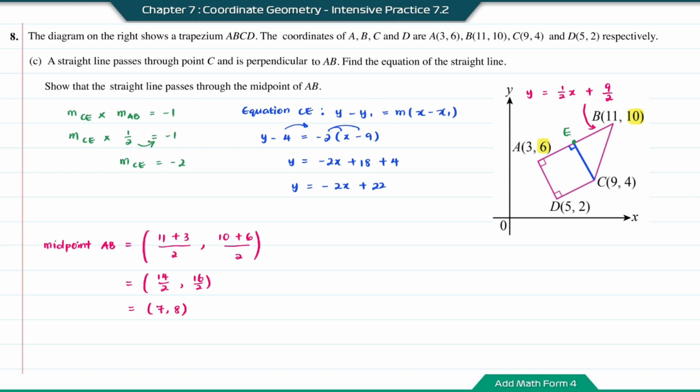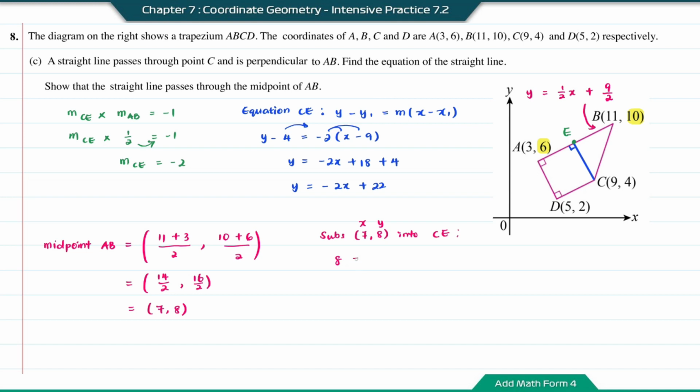To show that the point E is the midpoint of AB, we are going to substitute the coordinates of the midpoint of AB, (7, 8), into the equation of CE. If the coordinates of the midpoint of AB satisfy the equation of CE, which means the value on the left hand side is equal to the value on the right hand side after we substitute the coordinates, then this means the point E is the midpoint of AB.